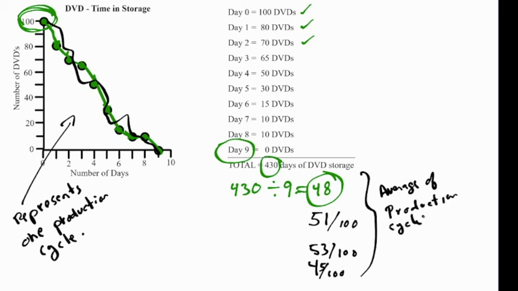And that means that we're not paying for the storage of all of the DVDs for the entire year. We're going to only be paying for storage on half of the DVDs for the year. So since we are only paying for storage on half of them, we're going to modify our cost equation.